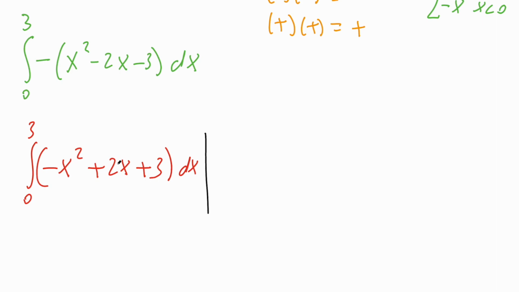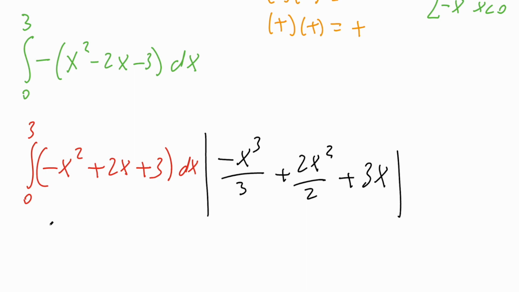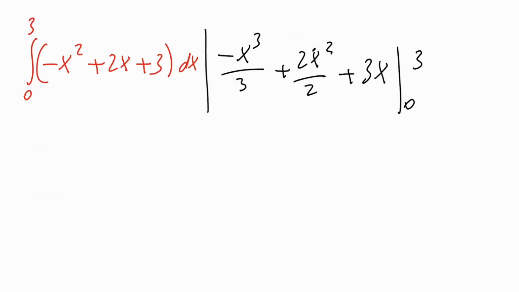Okay, so let's do our integral. Negative x squared gives negative x cubed divided by 3. 2x becomes plus 2x squared divided by 2, plus 3x, evaluated from 0 to 3. To make our lives easier, we know 2 divided by 2 is 1, so let's cut that out.